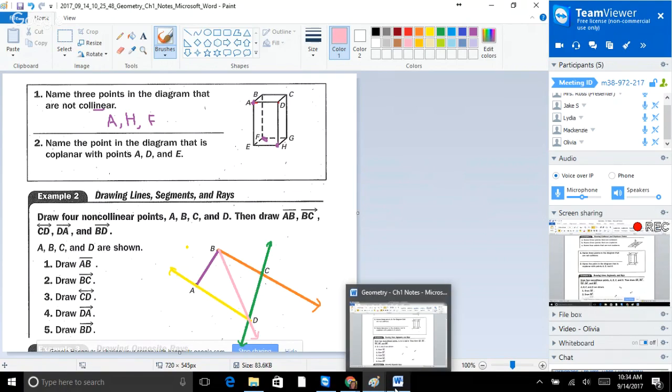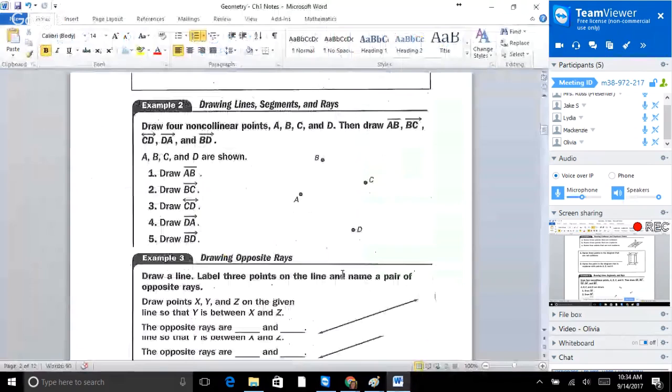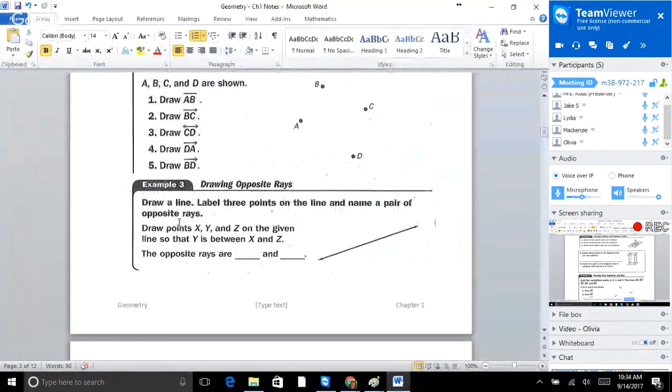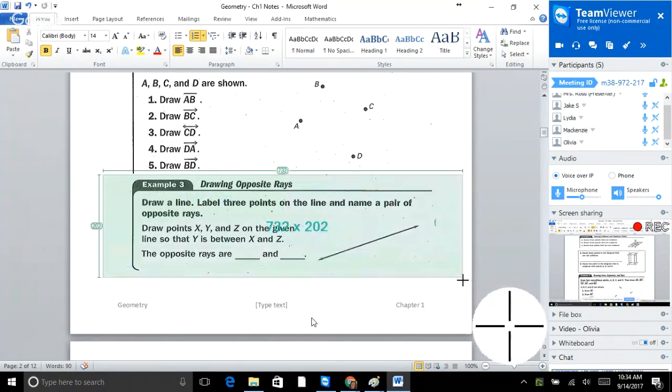And then there was one last example on there, which I think is pretty easy. It says, draw a line, label 3 points on the line, and name a pair of opposite rays. So this is going to be an easy one. I already drew the line for you, right?